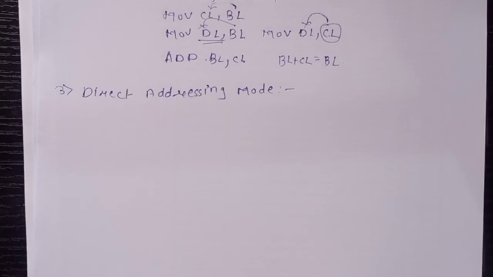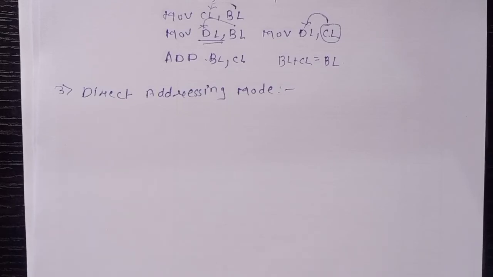The data is stored somewhere in the memory. We know its address. We are telling the processor to go to that address and from there it will get the data. That means we are directing the processor to some memory location and asking it to get the data from that location, and that's why it is called direct addressing mode. It means that you are giving the address directly in the instruction, not data.